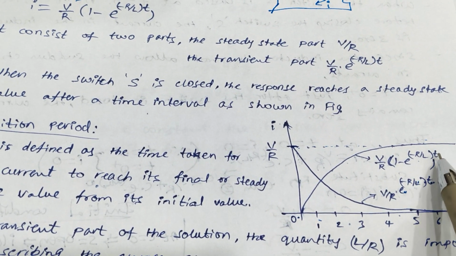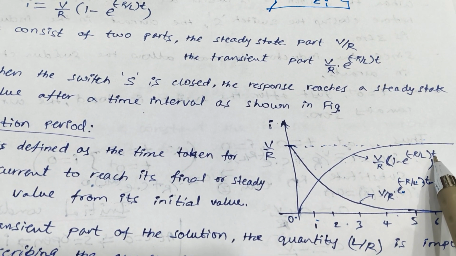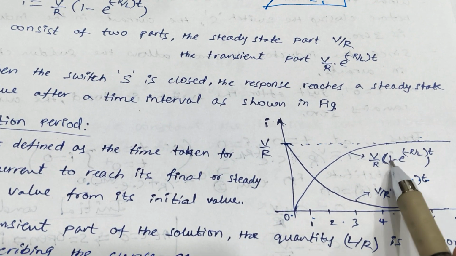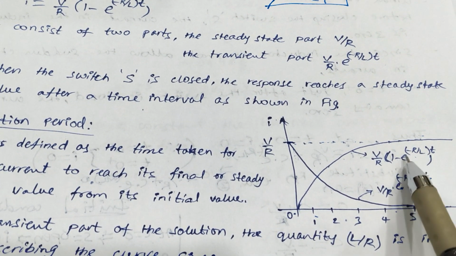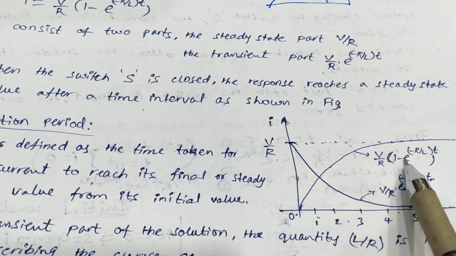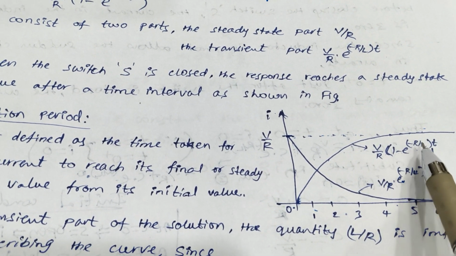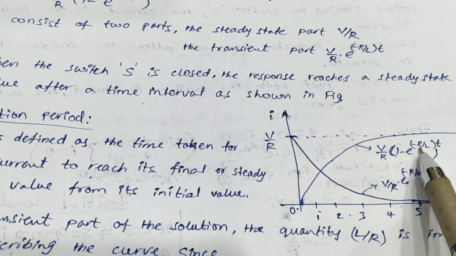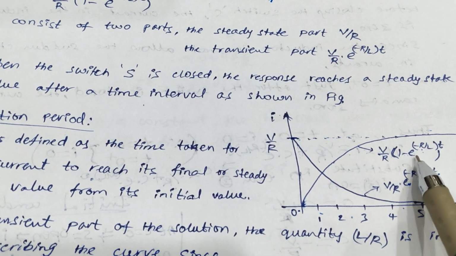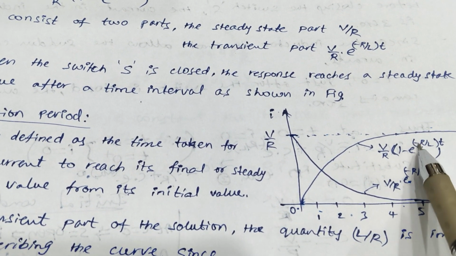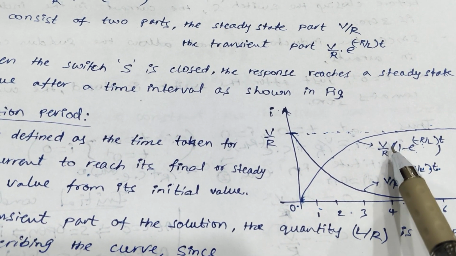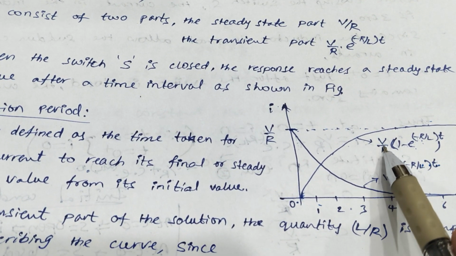Even in this waveform, when you substitute t is equal to 0, 1 minus e power 0, e power 0 is equal to 1, 1 minus 1 is equal to 0. It should start from 0, and when t tends to infinity, e power minus infinity, the second term becomes 0, and the first term is V by R into 1.